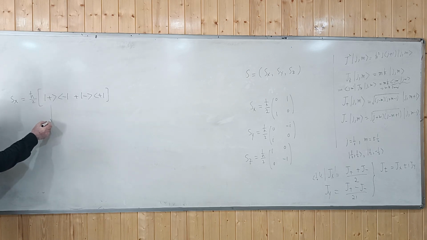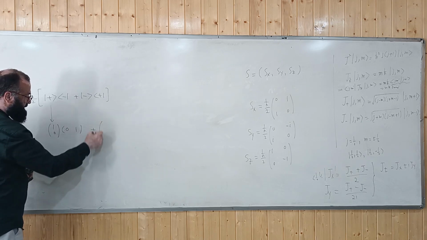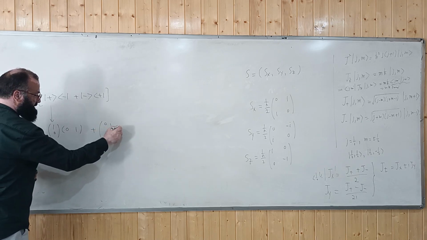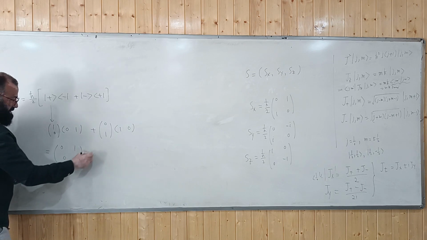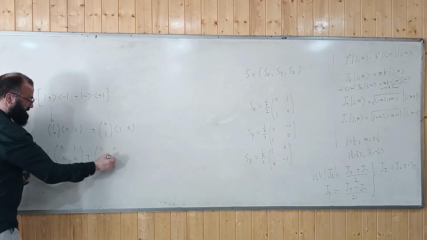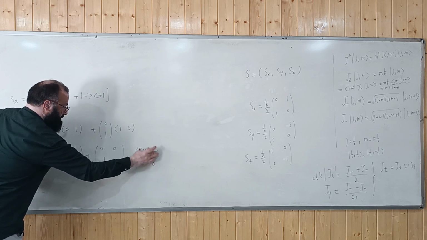So let's check what this object is. It is 1, 0. This is 0, 1. Then this is 0, 1, and this is 1, 0. So let's calculate this object. It is 0, 1, 0, 0 plus 0, 0, 1, 0. So that gives 0, 1, 1, 0.